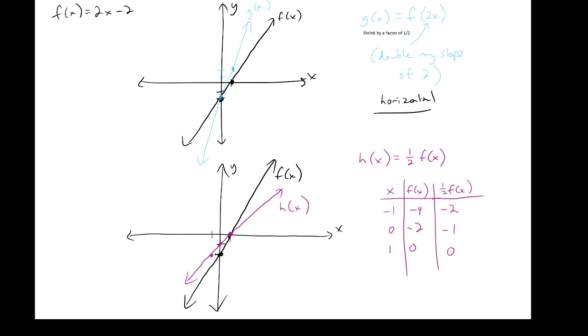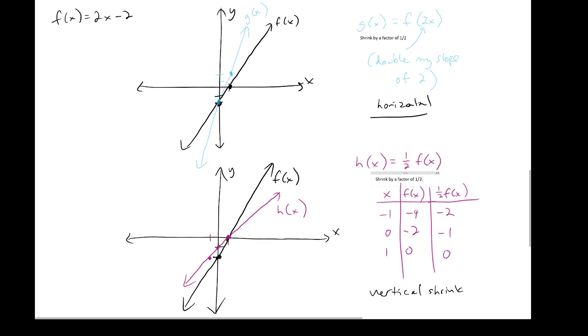So it's a little tricky. Again, this right here is going to be a vertical shrink. Okay, we're going to shrink this. Of 1/2 still.